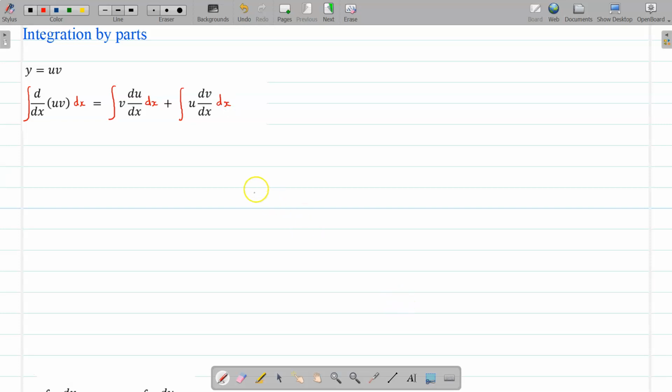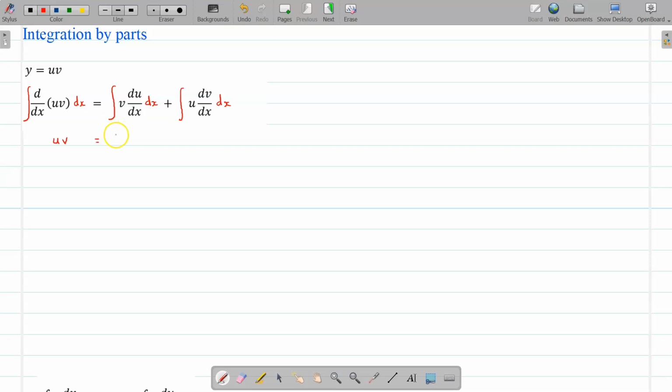Now the next thing I'm going to do is recognize that this first part here, if you integrate the differential of something, you integrate the derivative, you're just going to get what you started with. So this part on the left is now just uv. Okay, so I know that uv is equal to this integral plus this integral.